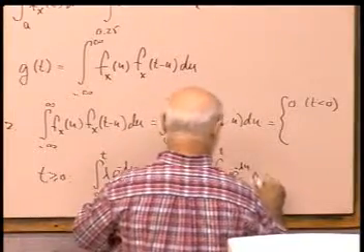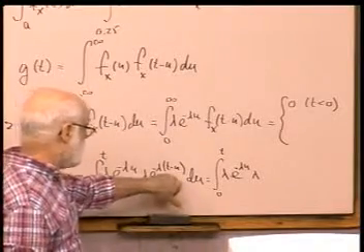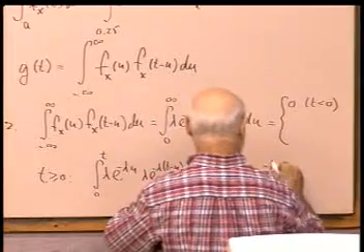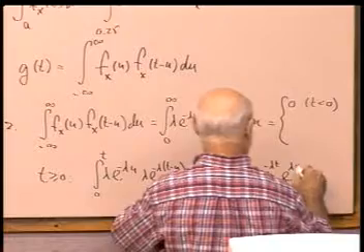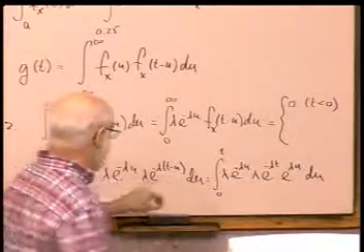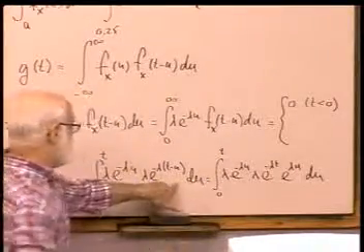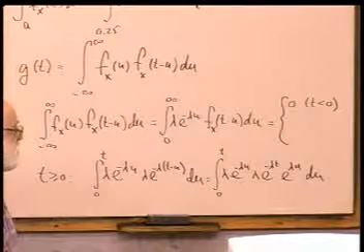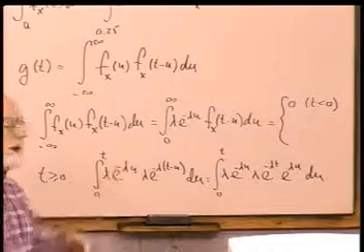Then I have a lambda. Now, this e to the minus lambda times t minus u can be written as e to the minus lambda t times e to the plus lambda u. And I still have my du. So all I did in going from here to here was to represent this exponential as this product, break the exponent into two pieces.